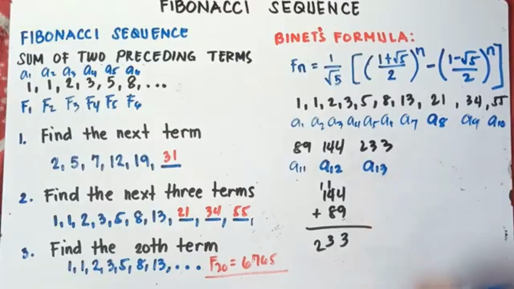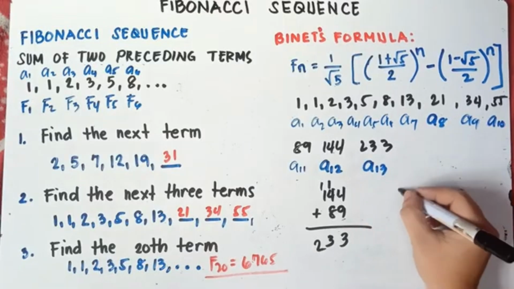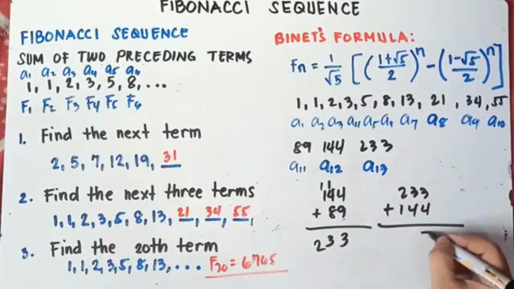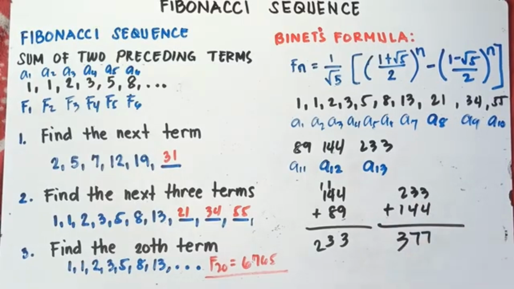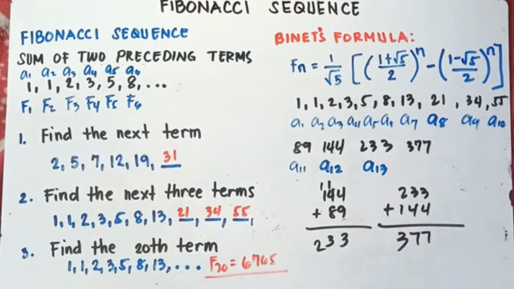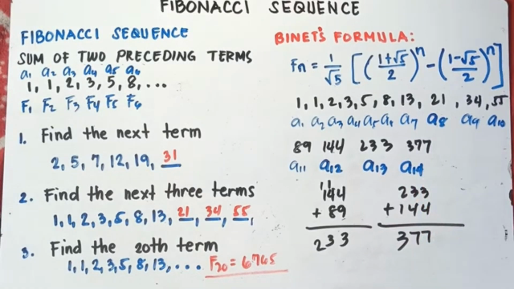Alright, so 233 plus 144, this will be 377. 377, this will be your 14th term. So that's why, class, if you do it manually, it will take time.